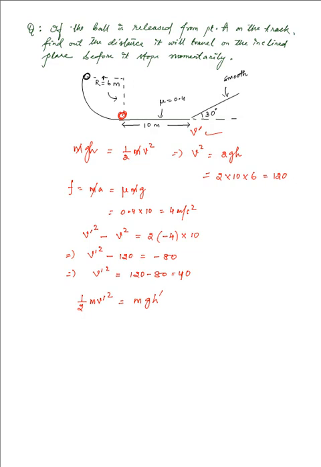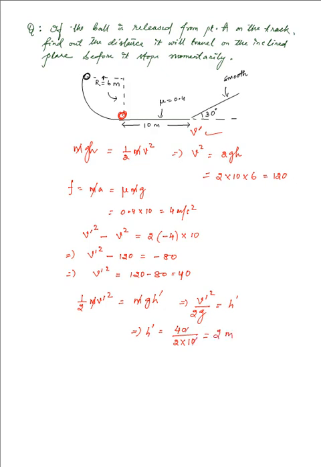So m cancels out on both sides, and h prime equals v prime squared divided by 2g. V prime squared is 40, over 2 times g, which is 10, so the height comes out to be 2 meters.